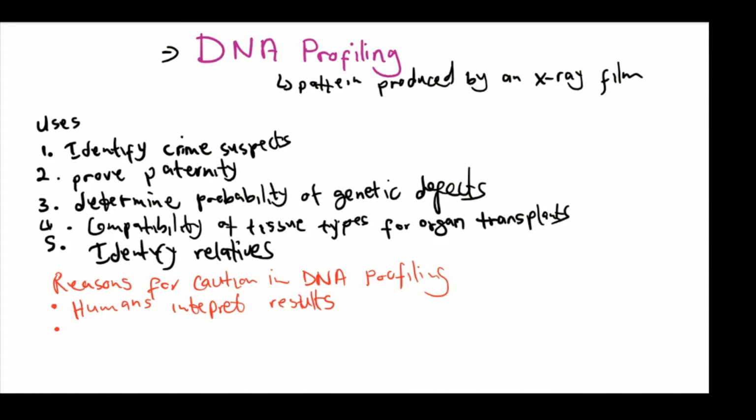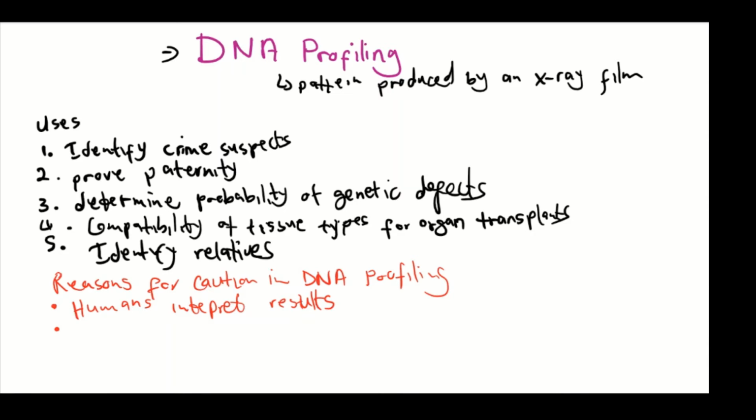And the second reason is that the method of profiling may be different in different laboratories. And the third reason may be that only a small piece of DNA is used in profiling, so the profile might not be 100% unique to a particular individual.